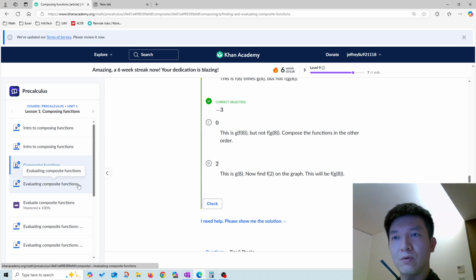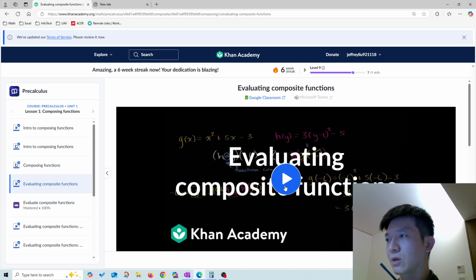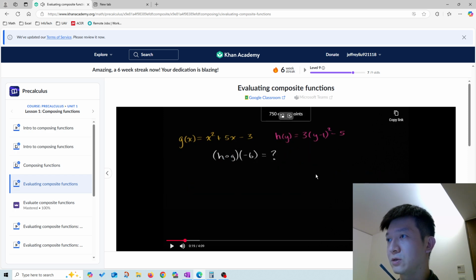So right now we're going to go for this one right here. h of g of negative 6. The way it's written might look a little strange to you. It's a composite function, x squared plus 5x minus 3, and this is another one. And negative 6. So you do the g first.